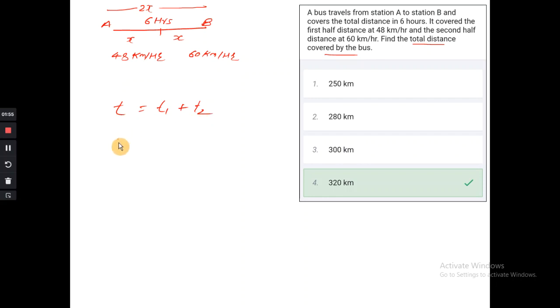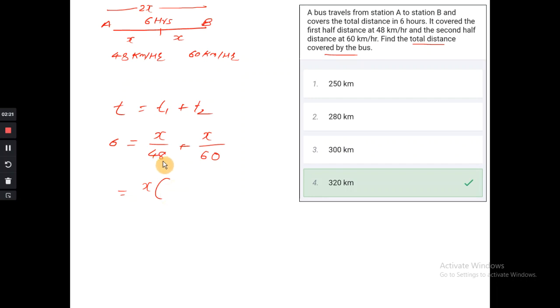But total time is 6 hours and time is equal to distance upon speed. The first half distance means x by 48 plus the next half distance means x divided by 60. Now solving this, taking x as common here.